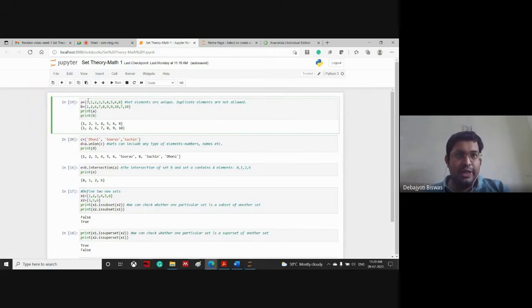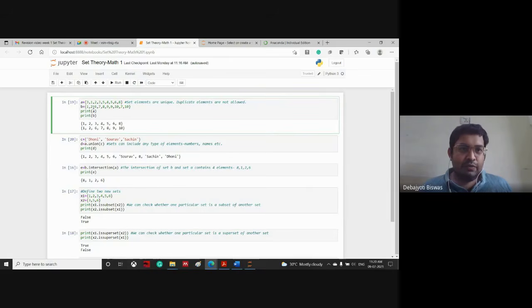We have written some programs previously. For example, as we have shown, a set contains elements written inside curly braces: 3, 1, 2, again 3, 5, 4, 5, 6, 8, etc. As we know, set elements are unique, so duplicate elements will not be allowed.